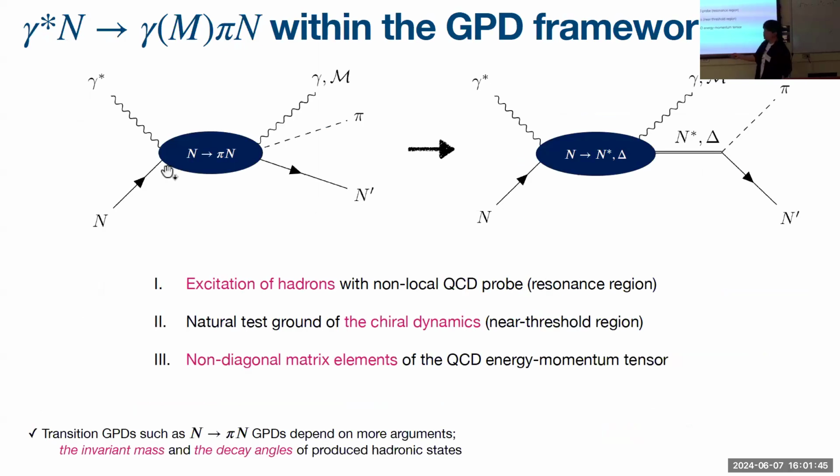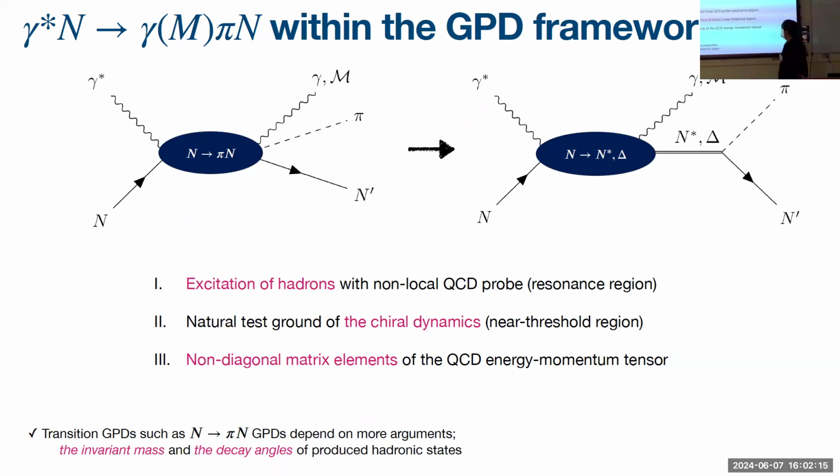Such processes can be further extended within the framework of the N to N pi GPDs, where there is a subsequent decay into two hadronic states like nucleon and pion, as the delta and other excitation states decay. I want to emphasize that these hadron to two hadron system GPDs have a much more complicated structure.